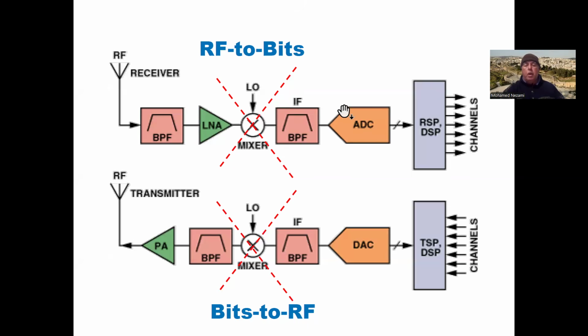Starting next session, next lecture, we will go deeper and deeper until I come to the point where we have a common methodology to design these, so that you can accommodate a design from, say, VHF all the way to millimeter waves without having any frequency translations.